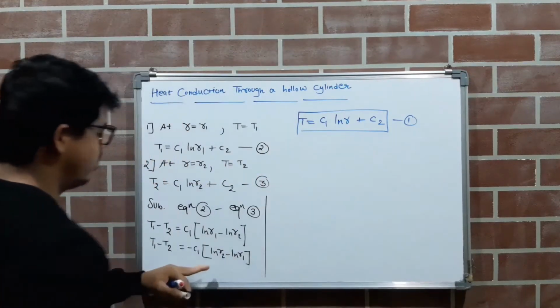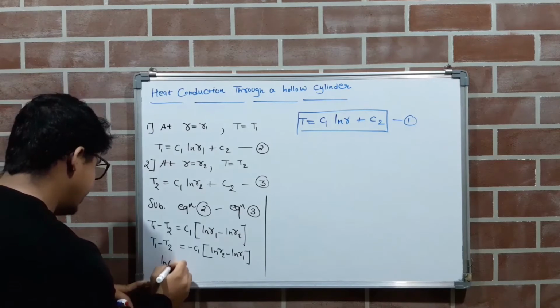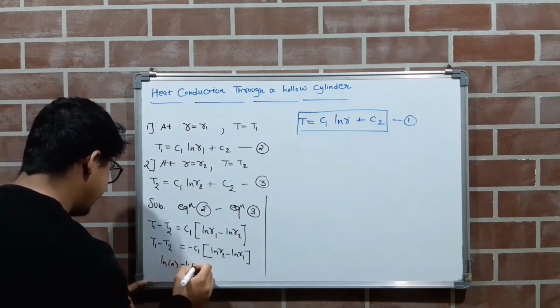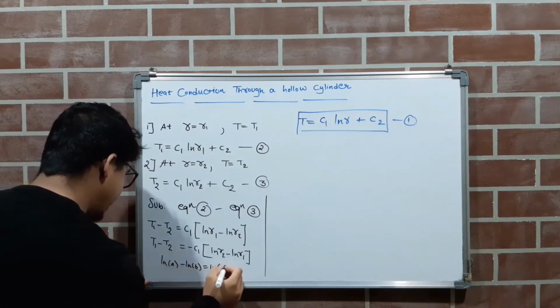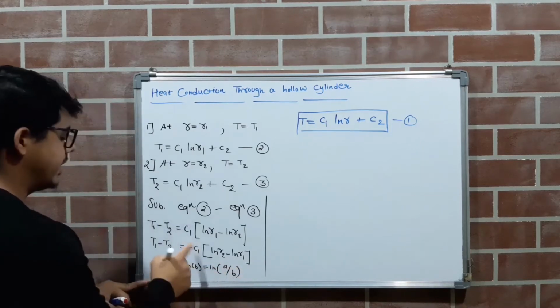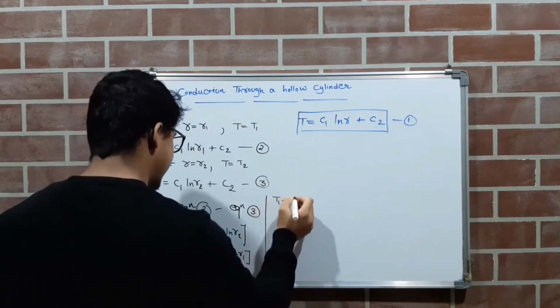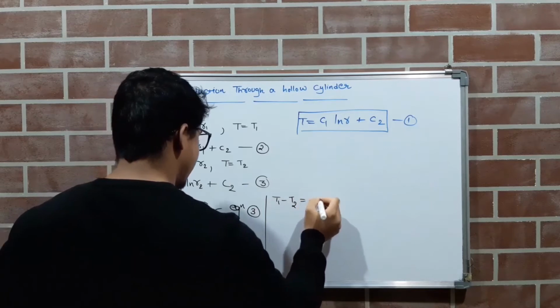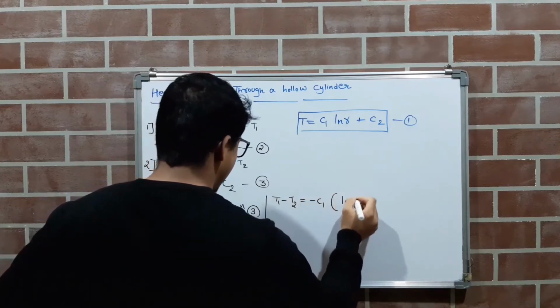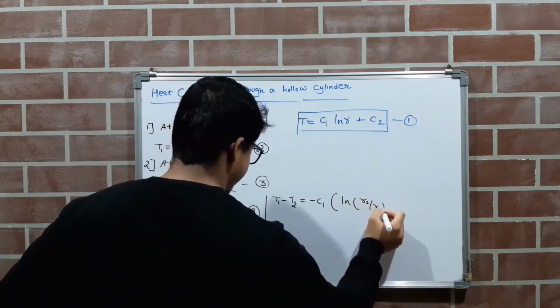Now we know that ln A minus ln B can be written as ln of A upon B, so we apply the same rule. So T1 minus T2 equals minus C1 into ln of r2 upon r1.